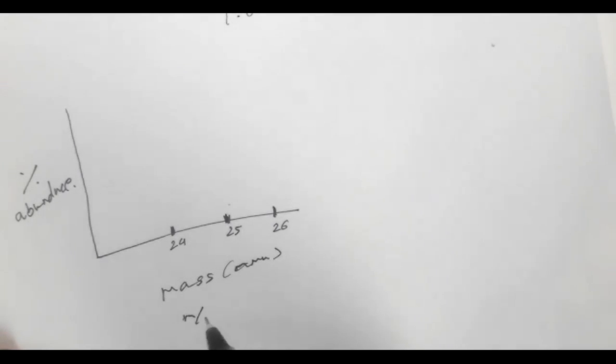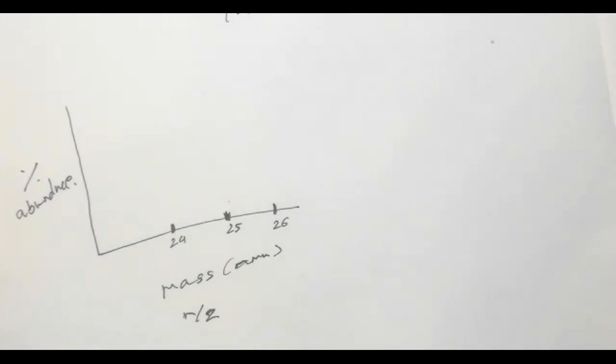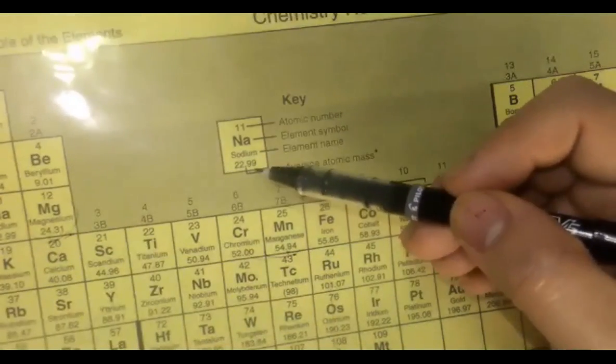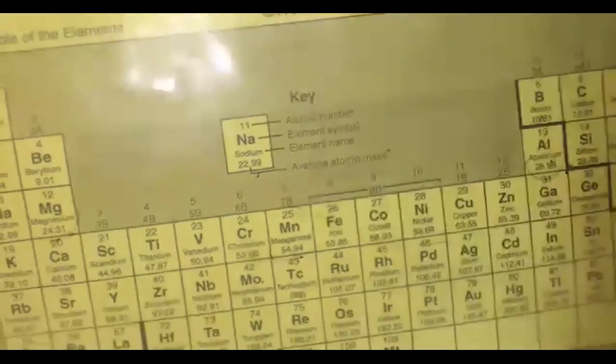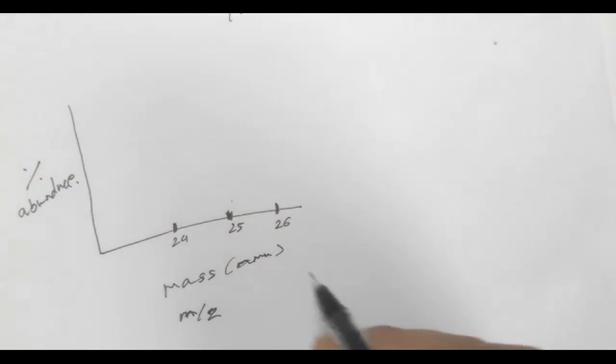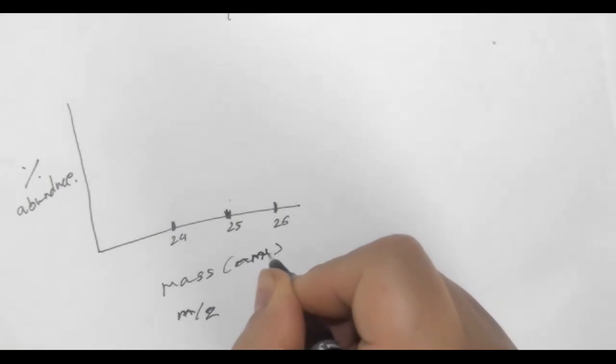Sometimes they do M/Z. That's because people use Z for the atomic number. If you look at the periodic table, they call the top number an N and the bottom number a Z. I don't know why, but that's what it is. So that's why sometimes they write M/Z along with the AMU. Either one is fine.